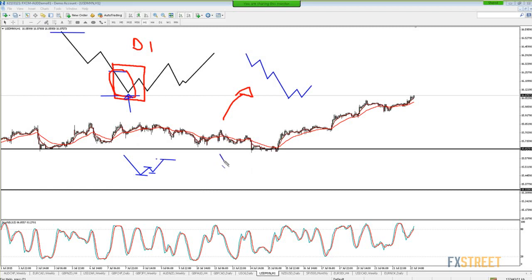The other one is where you make 2 lower highs and then you breach both those lower highs. All right, that by definition is a change of trend. And then the other one is simply a little double bottom change of trend. Very similar to the first example. And obviously the reciprocal applies to the downside. So in other words, this would be this by example.